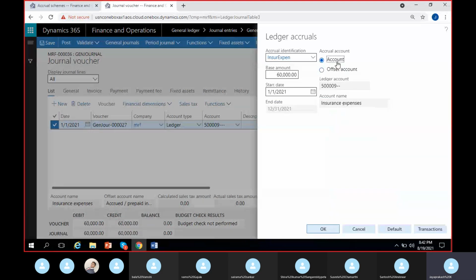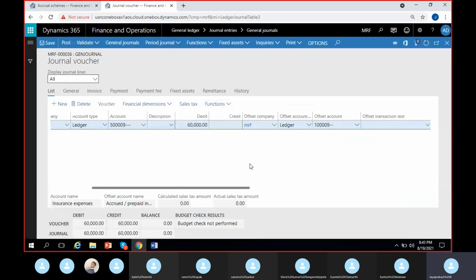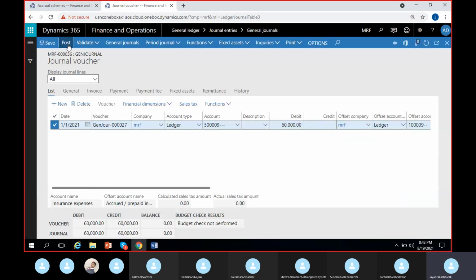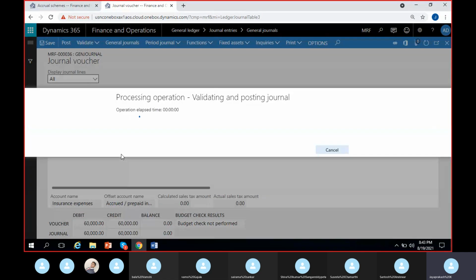You can normally click on account, and now click here on OK if you want to apply this scheme to this journal. So I'm just clicking on OK. Done. Now I will post this entry. Let us see what the voucher is after posting.